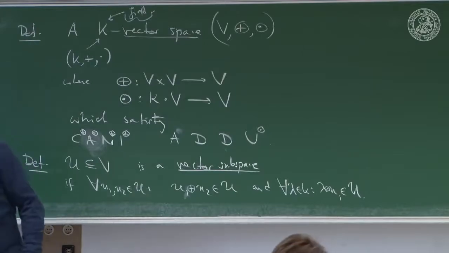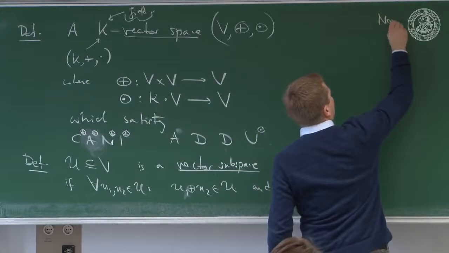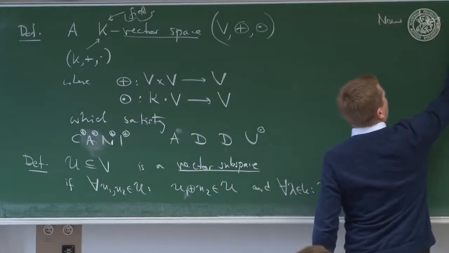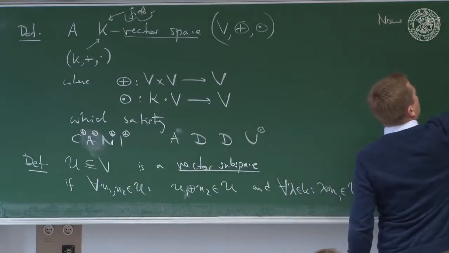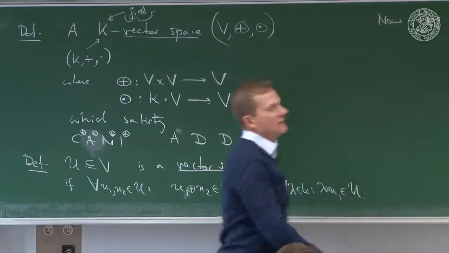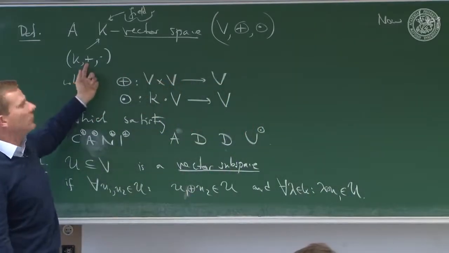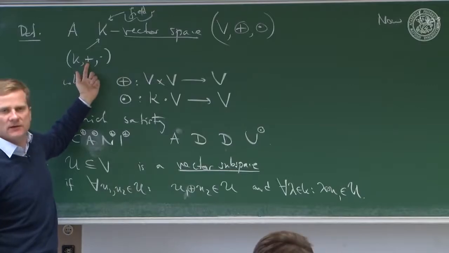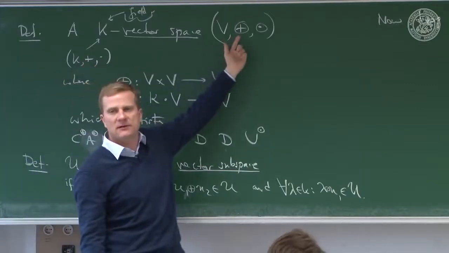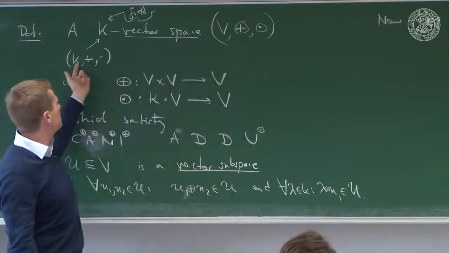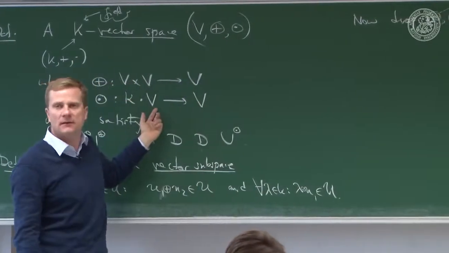Okay? So from now on, drop the circles. We write plus between vectors, but we must always know: is it the plus between elements of the underlying field, or is it the plus between vectors? Is it the multiplication of two K elements, or is it the S multiplication of a K element with a V element?